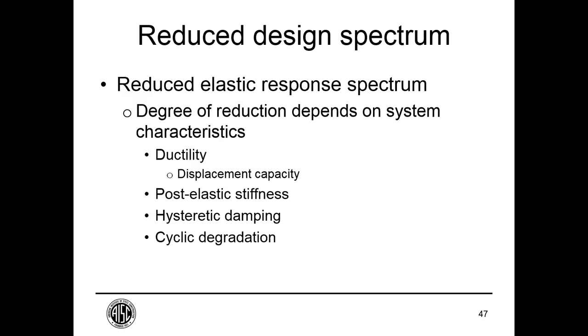So you wouldn't use a high R factor for something that couldn't go out to large displacements. Also the post-elastic stiffness. So if you have a lot of stiffness beyond first yield, maybe your first yield doesn't have to be all that strong compared to your full strength of the system.